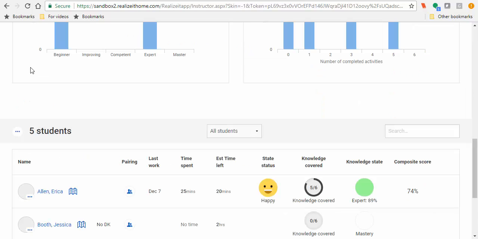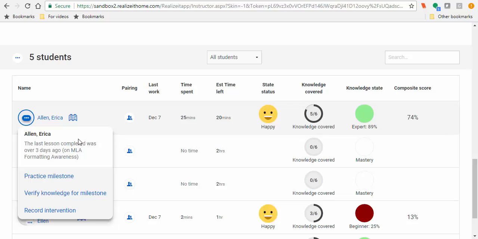So also here on the Students tab, once you're working within the actual Students section, you will see this More Actions. So you can actually provide some interventions right within the student section.